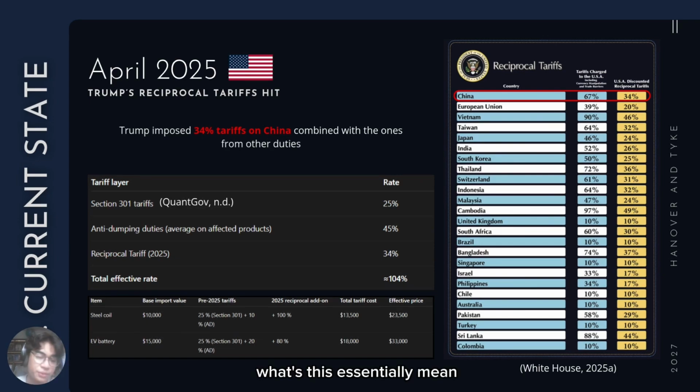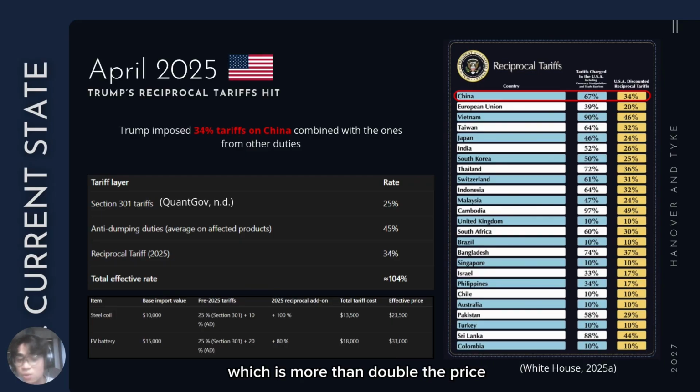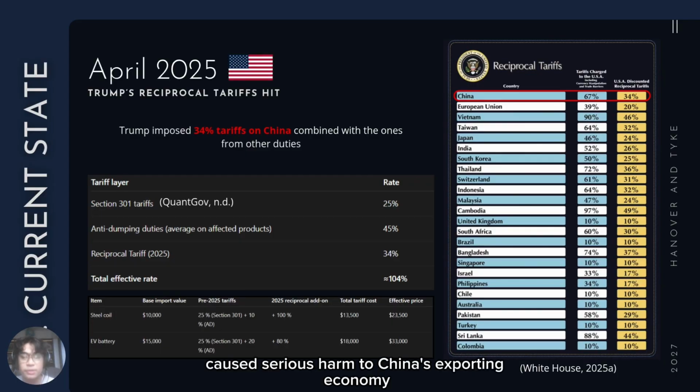What this essentially means is that if you're buying steel coil from China, which has a base import value of $10,000, combined with all the tariff prices, it will add up to an effective price of $23,000, which is more than double the price. This, of course, caused serious harm to China's exporting economy.